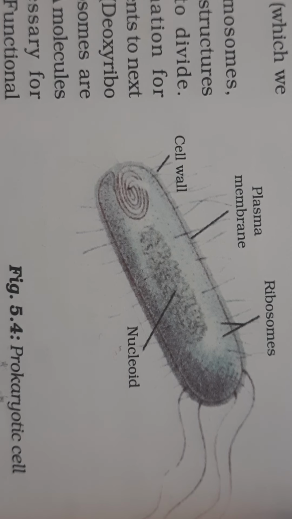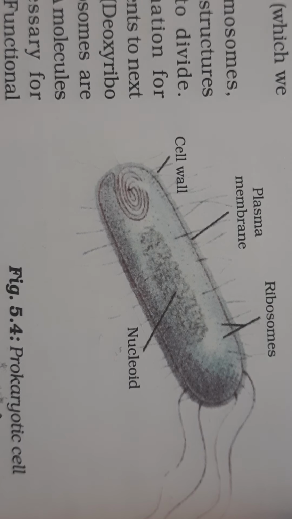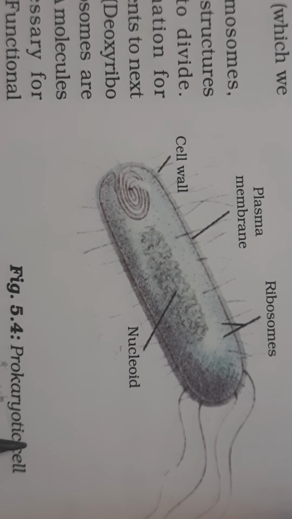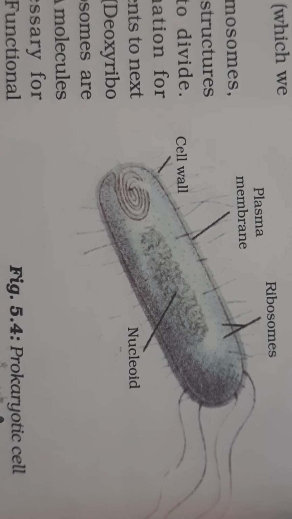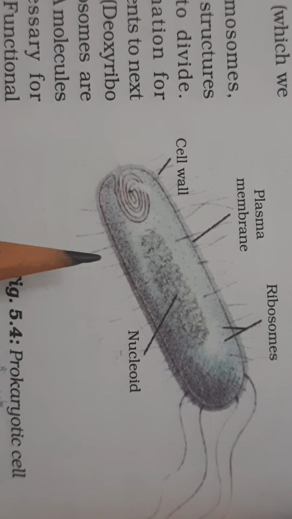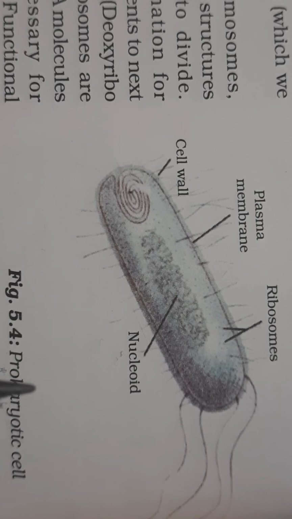And these are the prokaryotic cells, and the organisms which have cells with a nuclear membrane are called eukaryotes. In the previous video I explained about the nucleus, so that is about the eukaryotes.